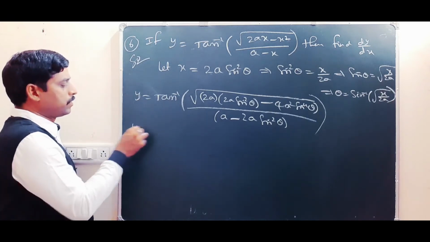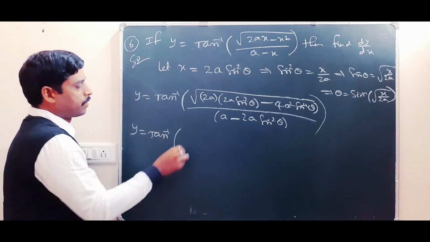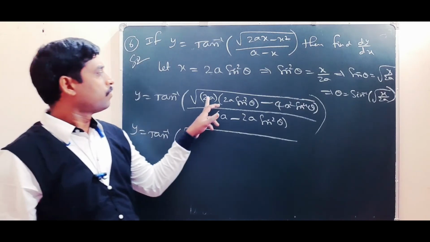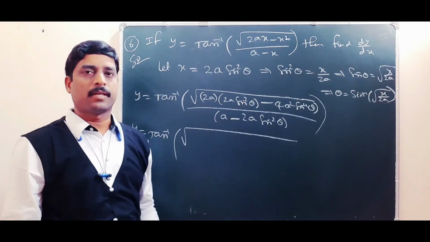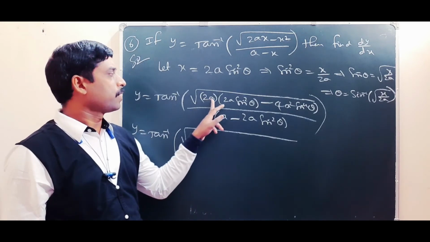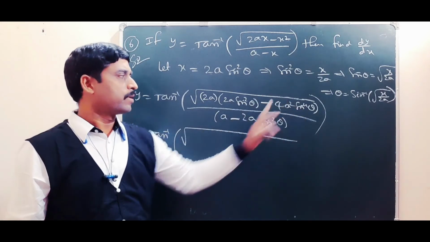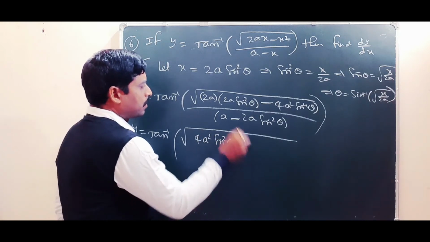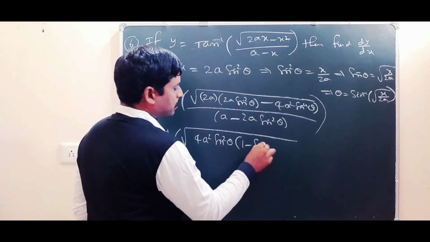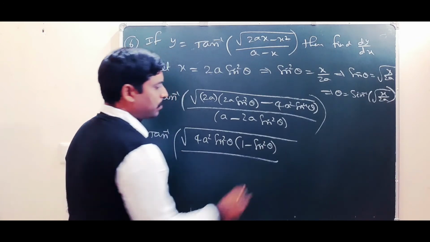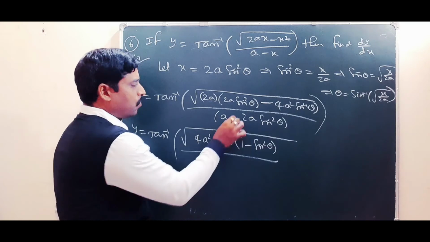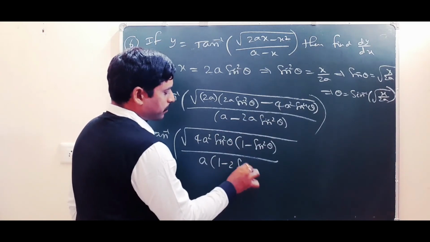In the numerator, take 4a square sin square theta common, so the remaining value is 1 minus sin square theta. In the denominator, take a common, leaving 1 minus 2 sin square theta.